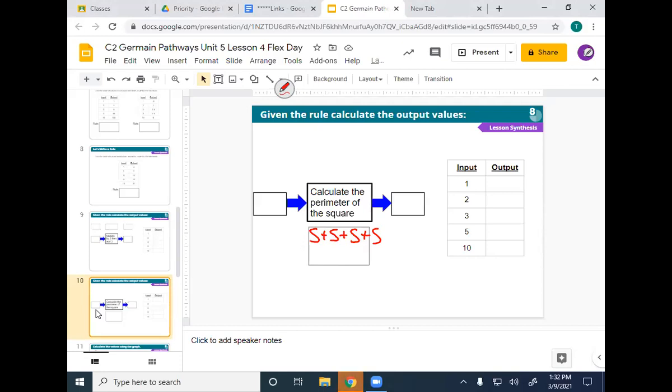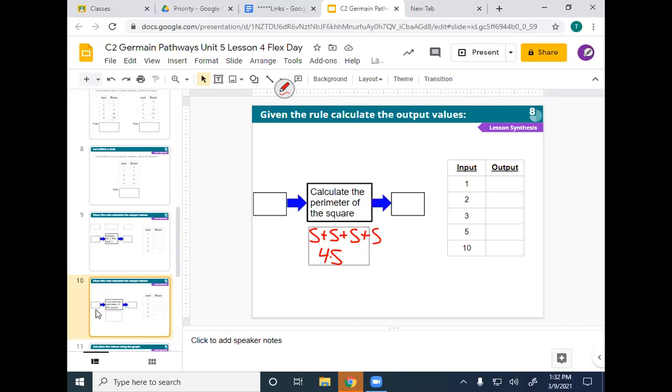Is there another way that we can write this? A simpler way? Elizabeth? Could you do S times 4? You could say S times 4. Very good. It's going to mean the same thing. You add that side length 4 times, or you could multiply that side length times 4 because we have 4 of them. 1, 2, 3, 4.